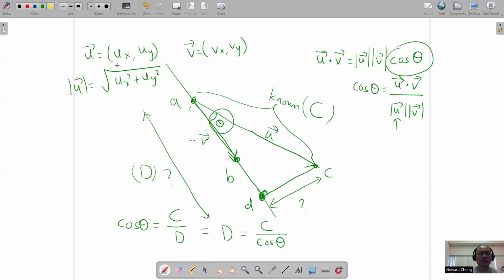So you do have to compute the square root, okay? And the length of V is likewise, and then U dot V is just the x components multiplied together plus the y components multiplied together.